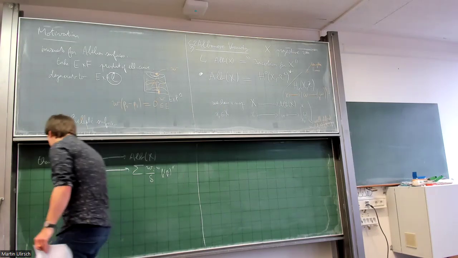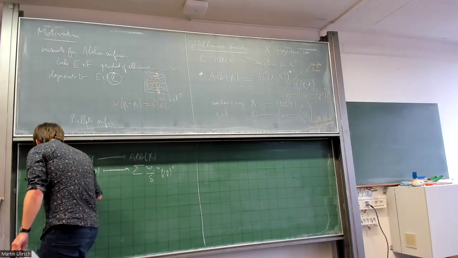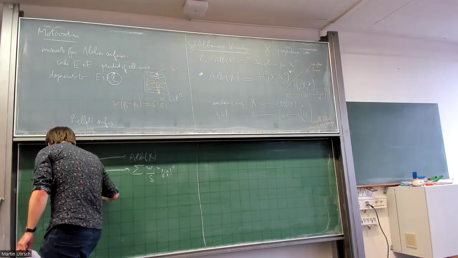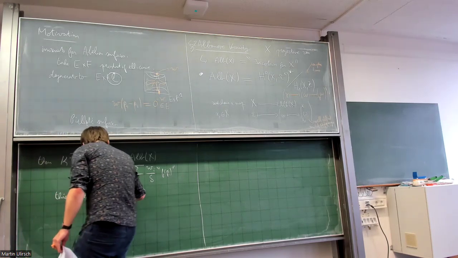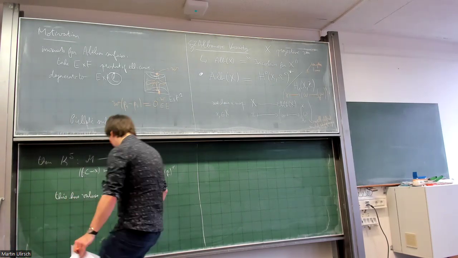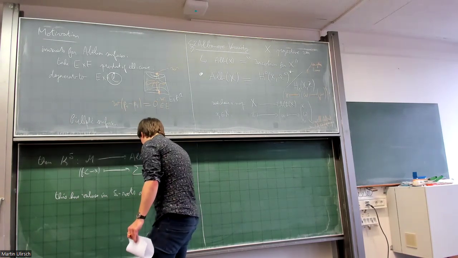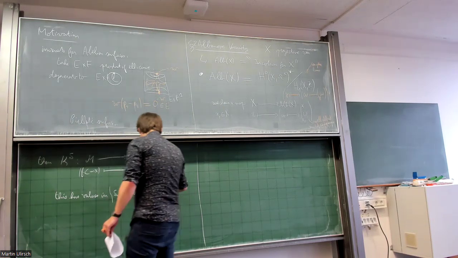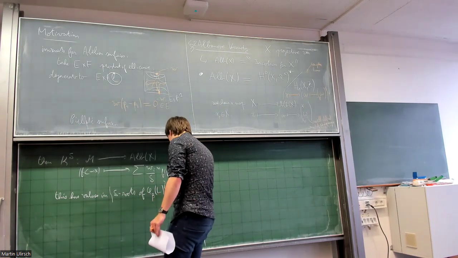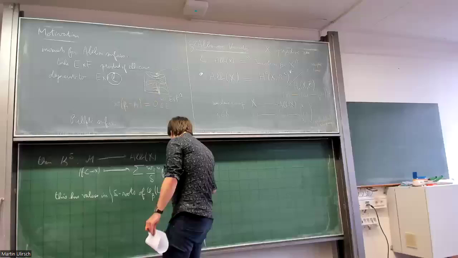And now this lens has value in the delta roots of phi beta of L, which I'll denote by T delta of L beta.